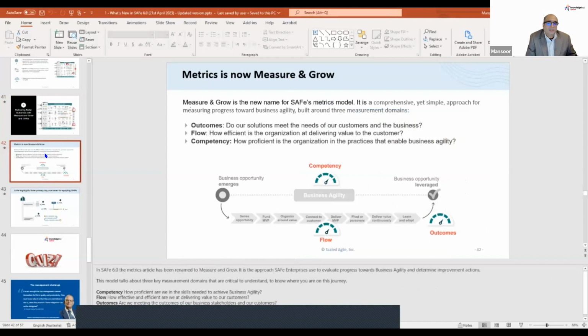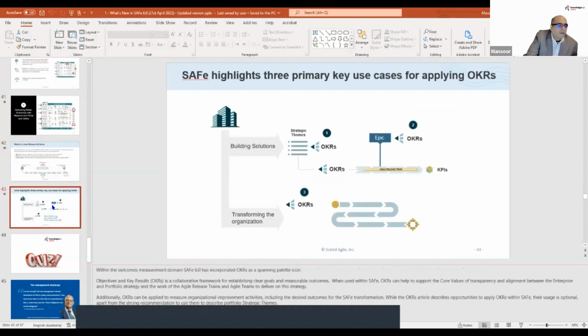Those are the key results that will help you measure the value of the business delivery, and they are linked to your KPIs. They need to be measurable. So those are objective and key results.